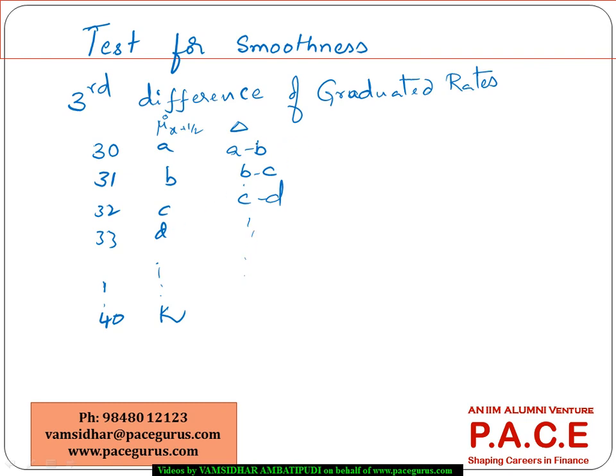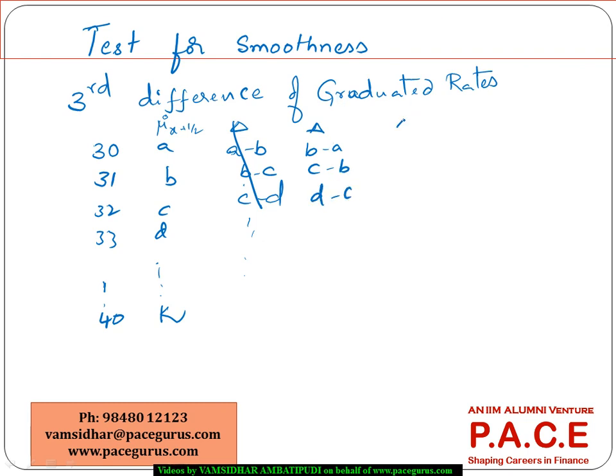Then similarly, I am trying to get the second and the third. That is the way I am trying to find the differences. Probably the other way, let's write the delta as B minus A, C minus B, D minus C, and so on.